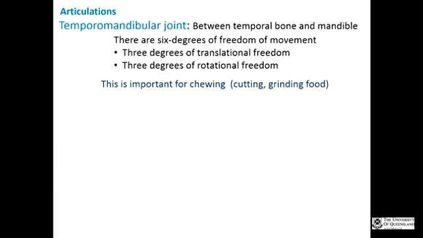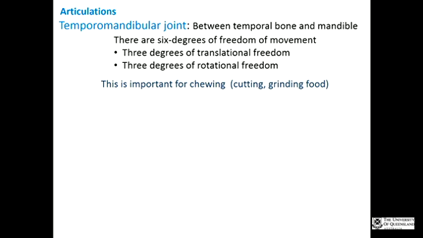So normally we associate 3 degrees of rotational movement with a ball and socket joint, such as the hip or the shoulder. But the temporomandibular joint has these 3 degrees of rotational freedom. They're not always very great, but they are there. And in some ways, this inclusion of a pad in between the articular surfaces proper is acting as a spacer.